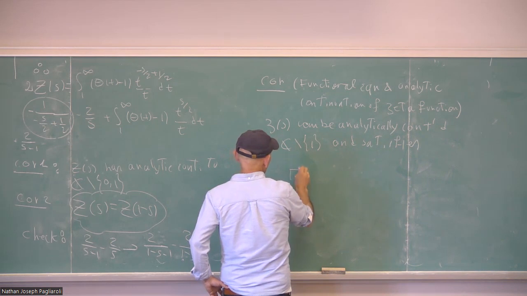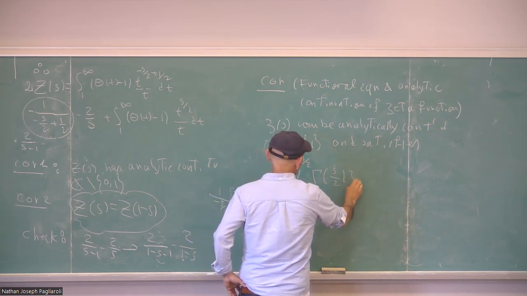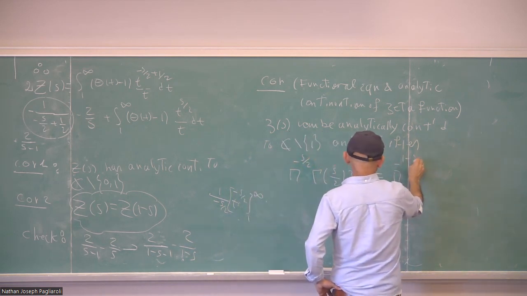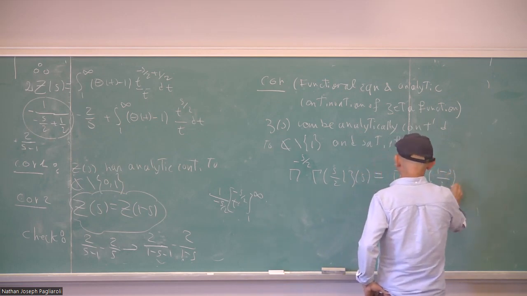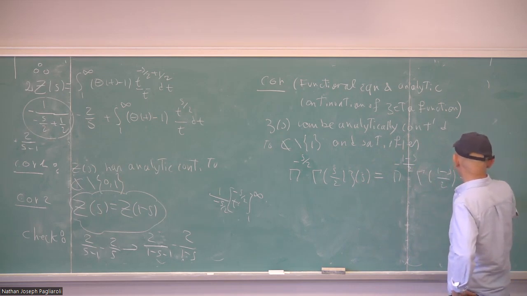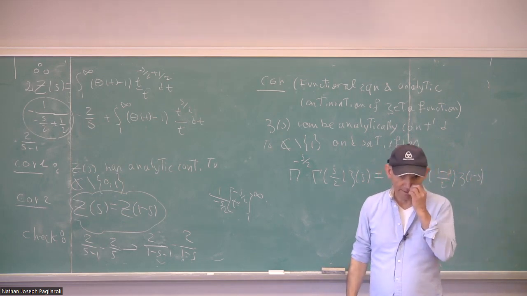Pi to the power minus s over 2, gamma of s over 2, zeta of s is equal to pi to the power minus 1 minus s over 2, gamma of 1 minus s over 2, zeta of 1 minus s. This looks strange, but that's what we did.